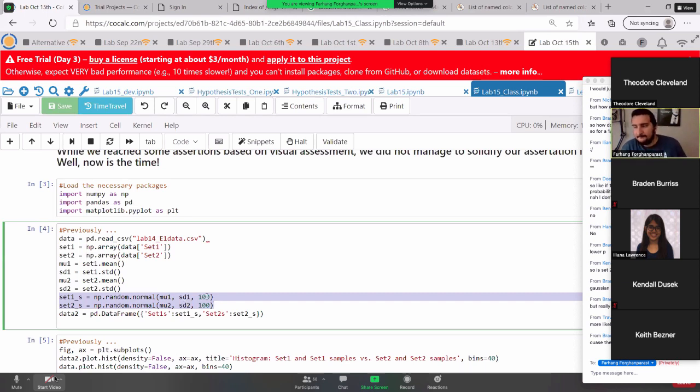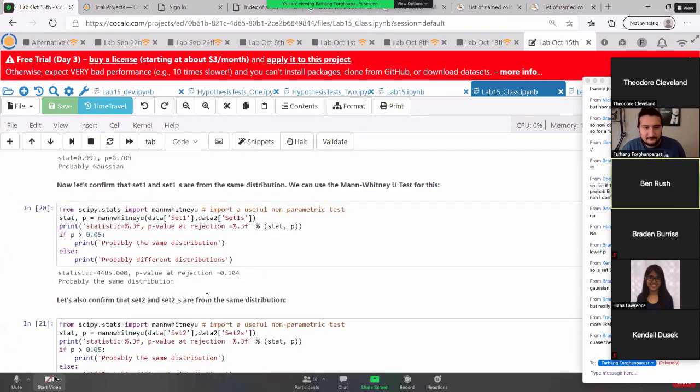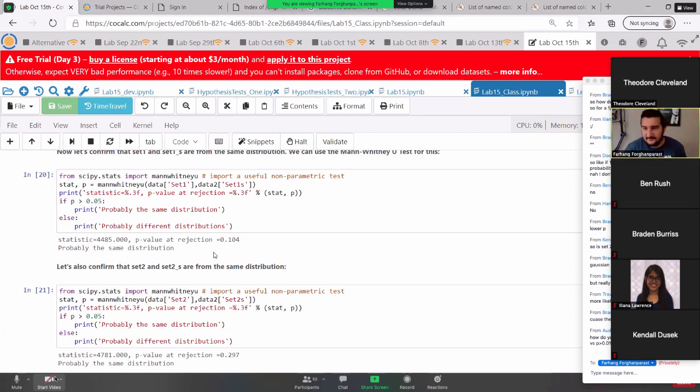Since they are artificially generated from a normal distribution, the test is not really meaningful at this point because, of course, they are going to be normal. Could it be not normally distributed just with a really low chance? I would say if that happens, then there is something wrong with the function that we use to generate the samples. All right. Yeah.